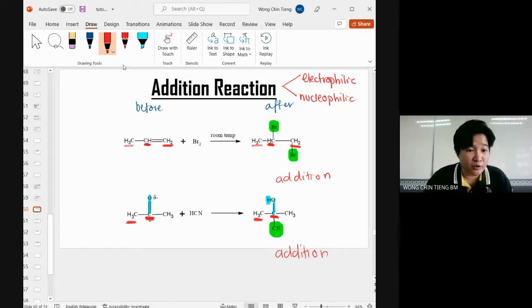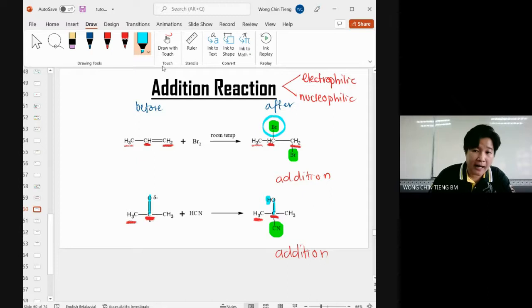So right now we want to look at siapa penyebab. We want to find siapa penyebab. So for the first question, orang yang menyebabkan penambahan adalah BR. BR ditambah masuk. Therefore BR menyebabkan berlakunya perubahan tu. Agree?